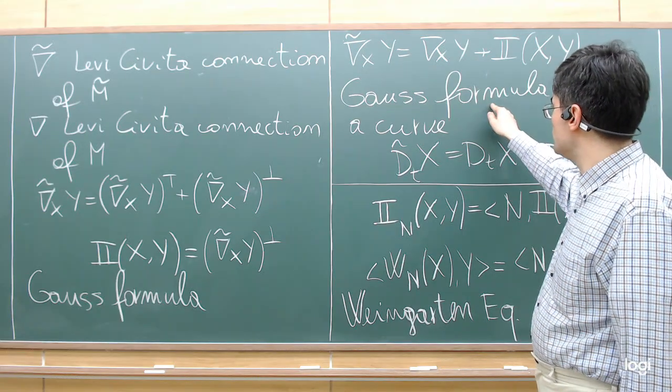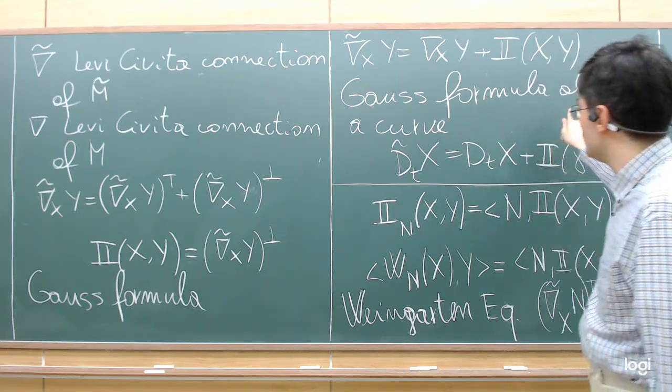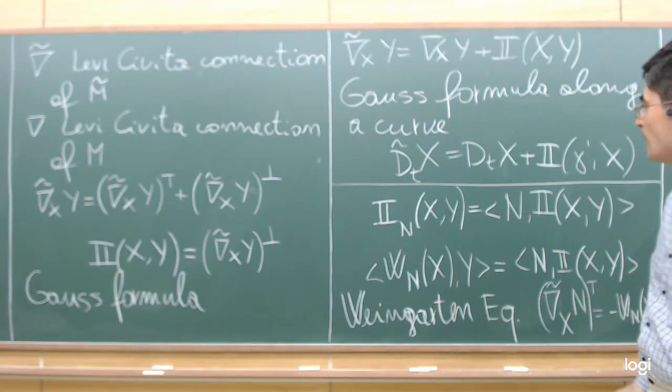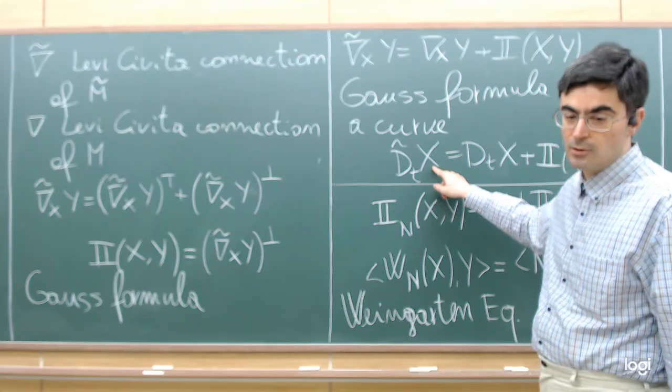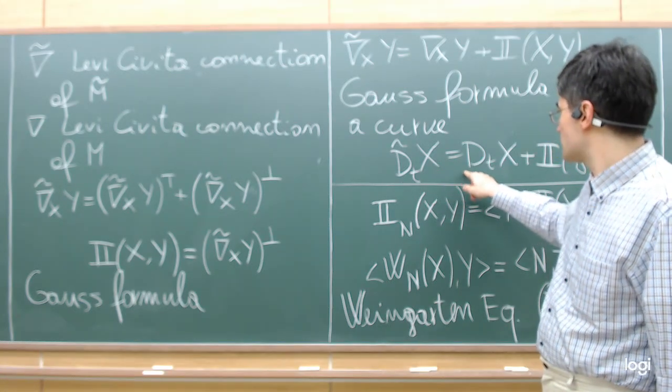We have proved the Gauss formula along a curve, which says how the covariant derivative of a vector field along a curve splits.